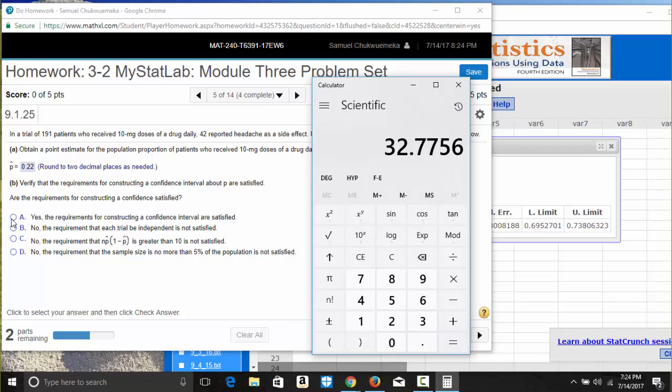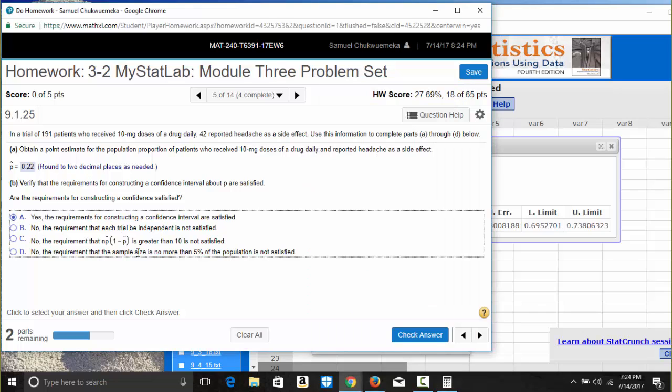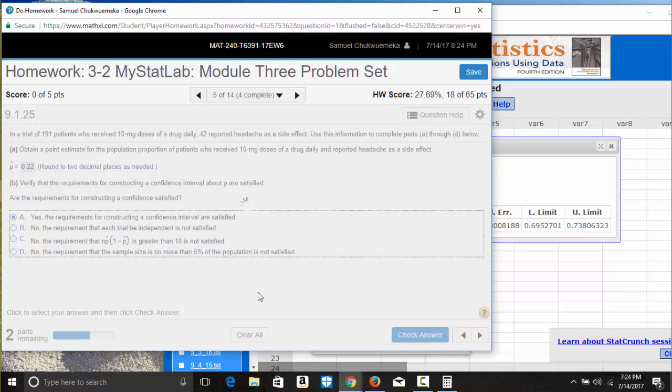So yes, the requirements are satisfied. We hope that the other requirements are also satisfied. Independent is one of them. Each trial should be independent. The sample size should be less than 5% of the population. Those are other requirements. But yes, it's satisfied.